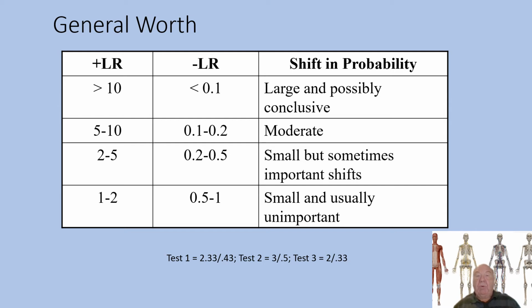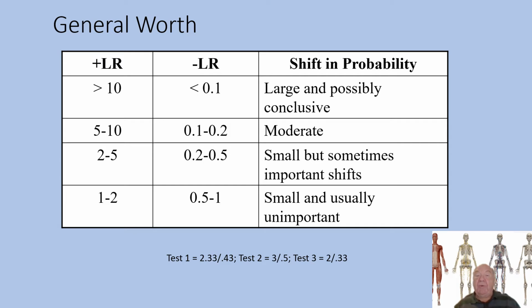So it's a general worth. This table is opinions from researchers, and what you can see is that the higher the likelihood ratio, when it's a positive likelihood ratio, the better, and the lower when it's a negative likelihood ratio, the better. So values between 1 and 2 really don't make a lot of difference to anything, and it's really a fairly useless test.